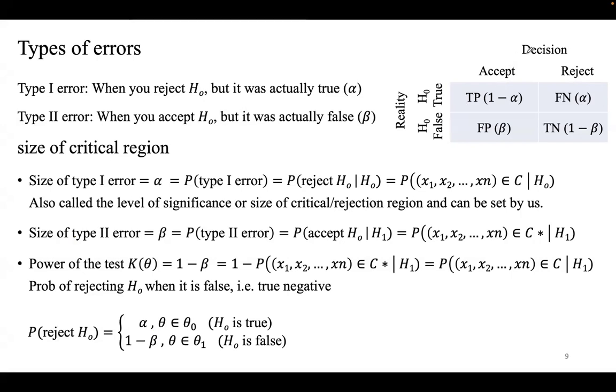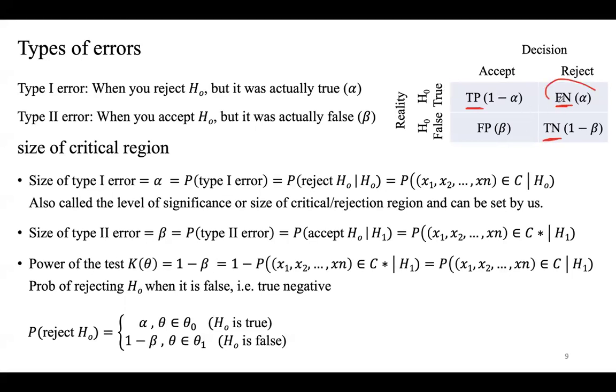Now you, as the person doing the calculation, will either accept or reject the null hypothesis. If you accept the null hypothesis when it's actually true, then it's a true positive. When you reject it when it's actually false, that's also the right thing to do, so you call it the true negative. But when you reject it when it was actually true, it's a negative result, but not the correct negative. It's a false negative result.